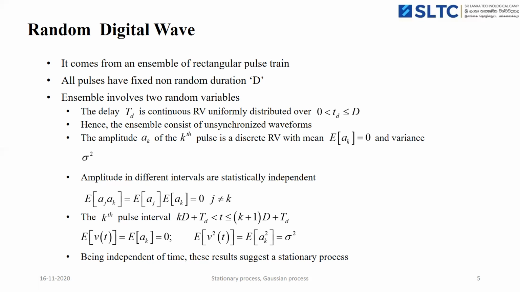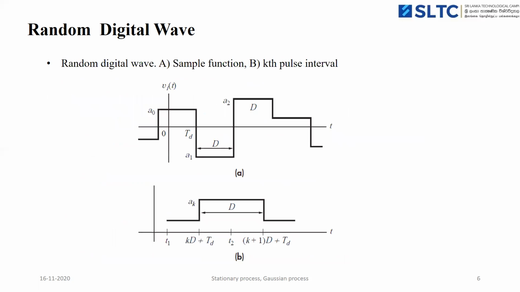Here we can see the diagram of the random digital pulses, or random digital waves. The x-axis is the time of the pulses, and the y-axis is the magnitude or amplitude of the pulses. We can see that the duration of the pulses is constant. It is not random. Capital D is the duration of the pulses.